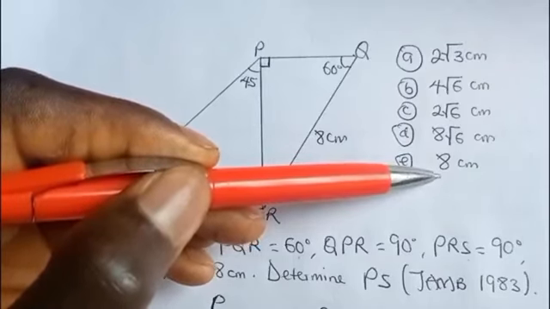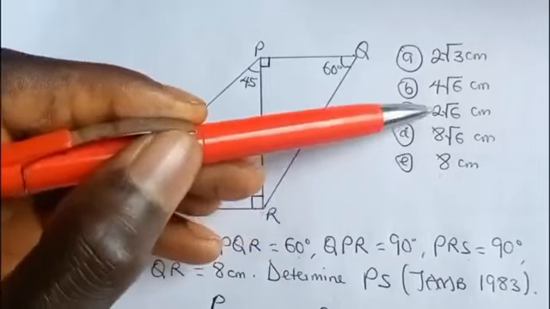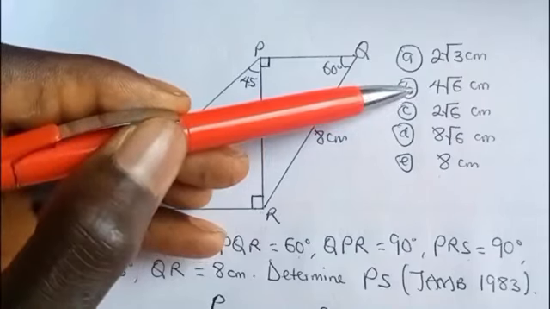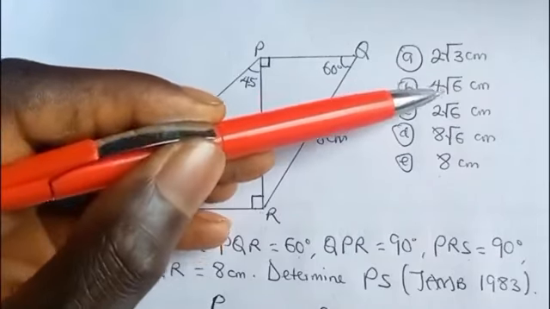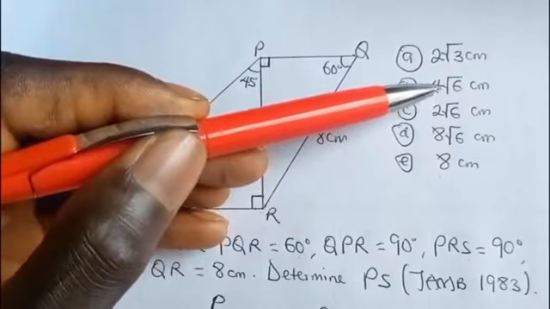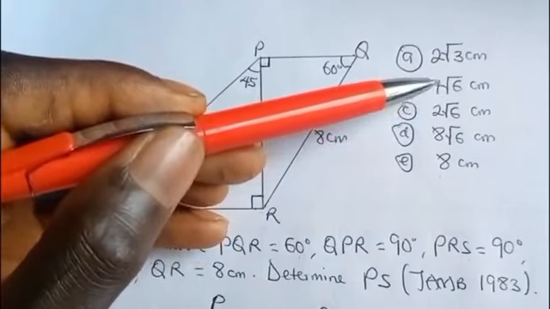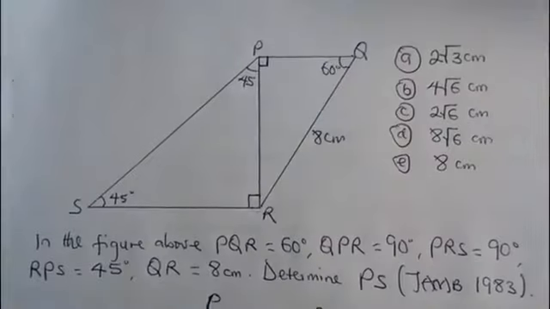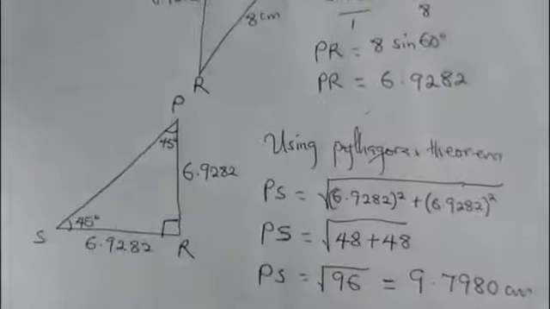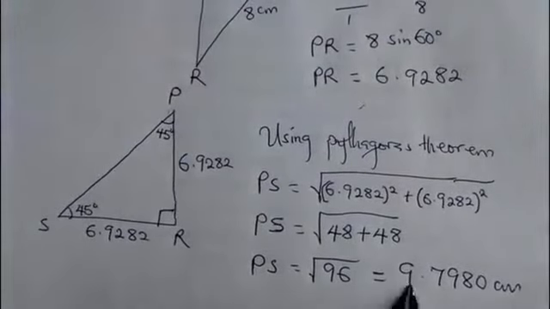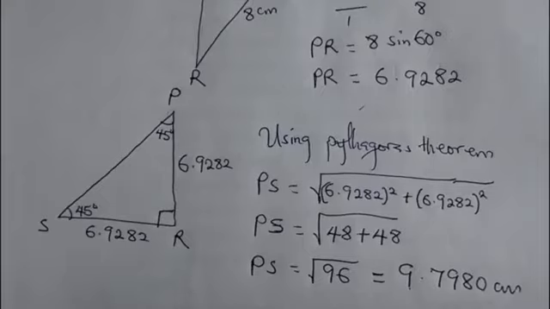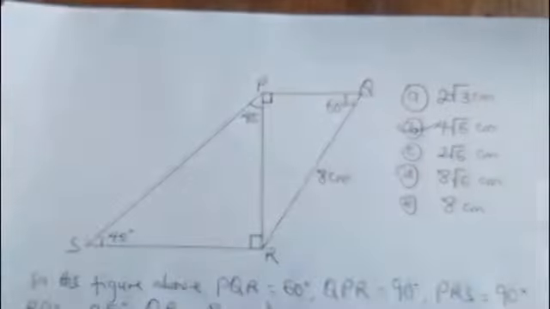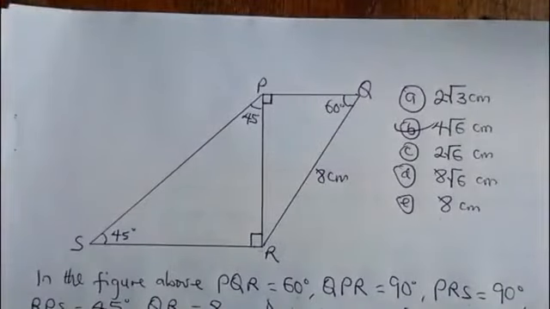The only option here that is most appropriate is option B. When you punch your calculator 4 root 6, you are going to have 9.7979, and it continues. Also, when you take the approximate value, it corresponds with what we have here, 9.7980 centimeters, implying that option B is the correct answer, 4 root 6 centimeters.